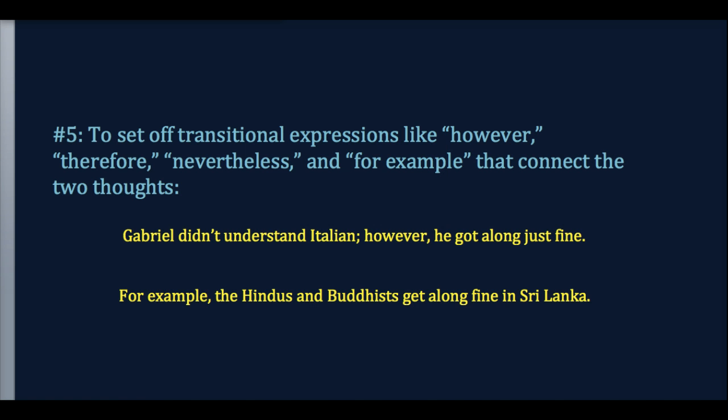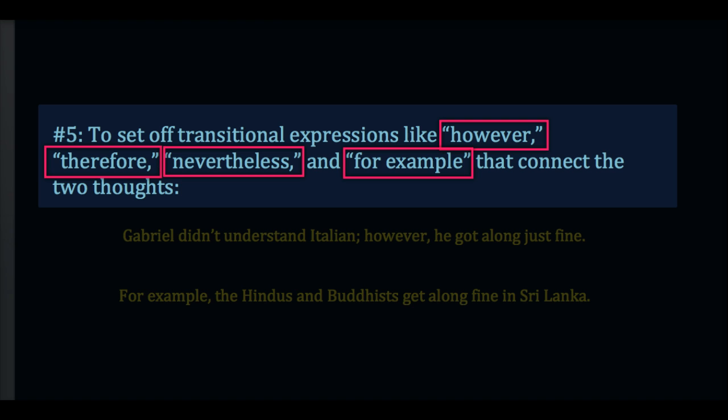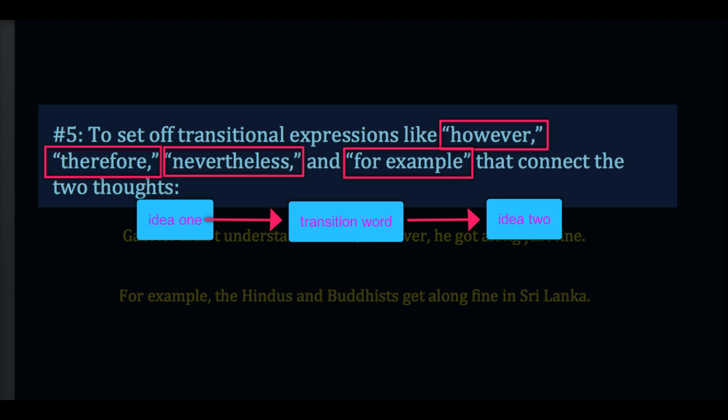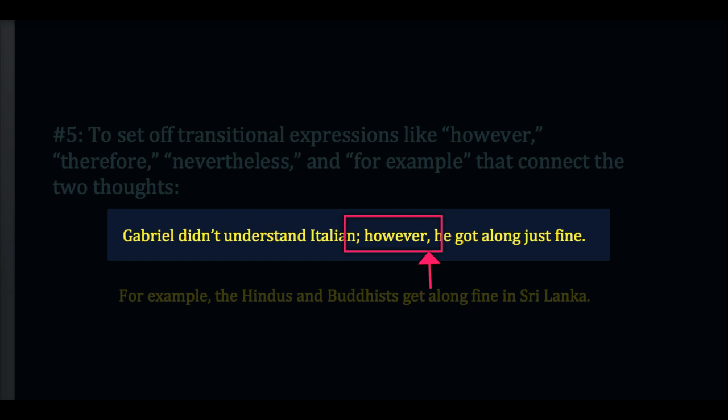All right, onward. You use commas to set off transitional expressions like however, therefore, nevertheless, for example, that connect two thoughts. Transitional meaning there was an idea before and it's being transitioned into a related idea. Like, Gabriel didn't understand Italian. However, he got along just fine.